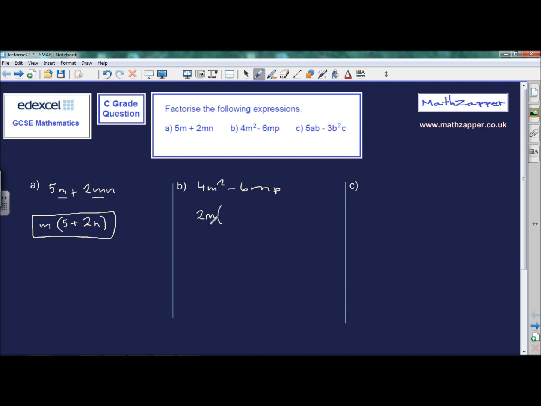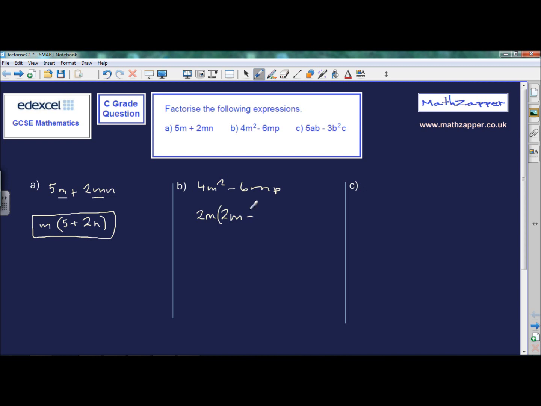And then what do we say? What do you multiply 2m by to get 4m squared? Well, you multiply it by 2m. 2 times 2 is 4, m times m is m squared, 4m squared. Now this is a positive factor, and the answer has to be negative, so it's got to be a negative in there as well. So what do we now multiply 2m by to get 6mp?